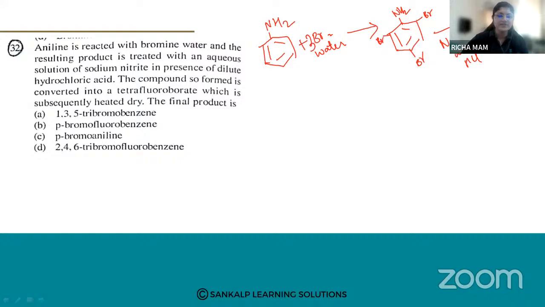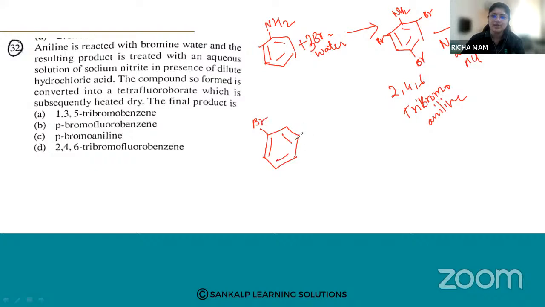So what will I get after this? This is 2,4,6-tribromoaniline. I treat it with sodium nitrite in the presence of dilute HCl. The rest will remain the same, with Br, Br, and at the amine group N2Cl, so the benzene diazonium chloride is formed.